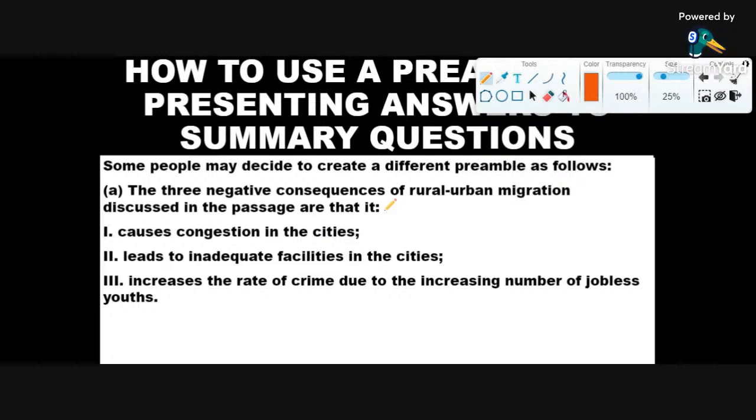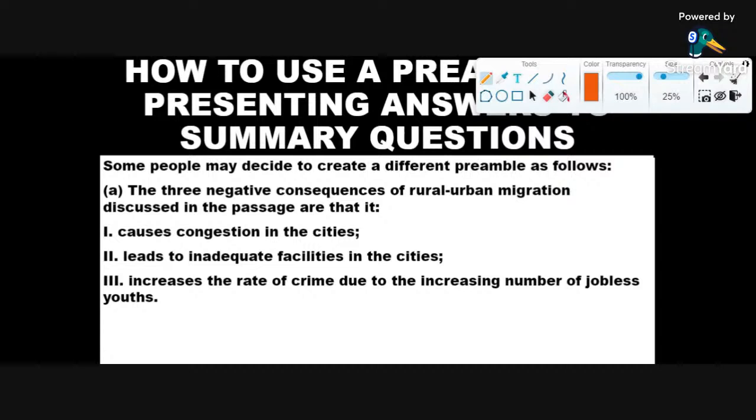When you create this type of preamble, then what it means is that your answer does not present the required sentences. Meanwhile, WAEC has specifically said that you should present your answers in sentences. That is the instruction. There's no other instruction. There's only one instruction given in the summary questions. Check all the summary questions from the past years, in all the past WAEC exams, and in all the past NECO summary questions.